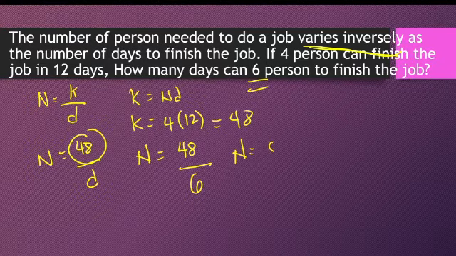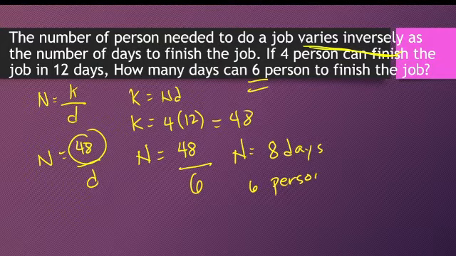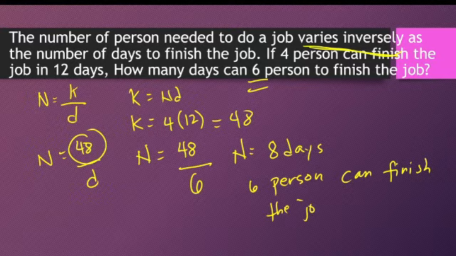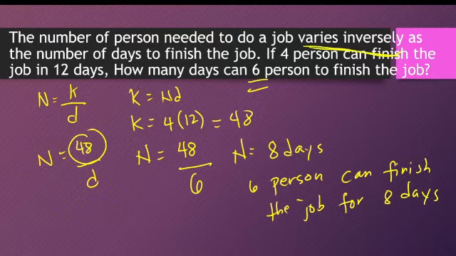So, therefore, 6 person can finish the job in 8 days. O, diba? Nung 4 person lang yung nagtatrabaho, aabot sila ng 12 days. Pero dahil dumami na yung gagawa, 6 na yung gagawa, matatapos na nila yung work in just 8 days. So, this is an inverse variation.